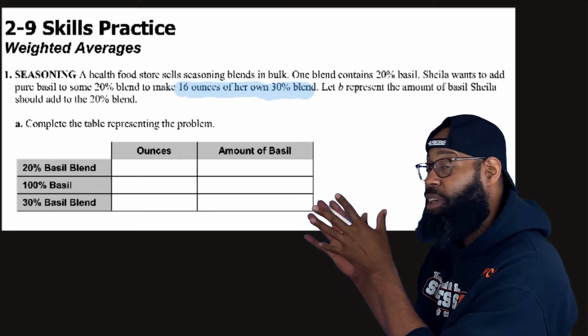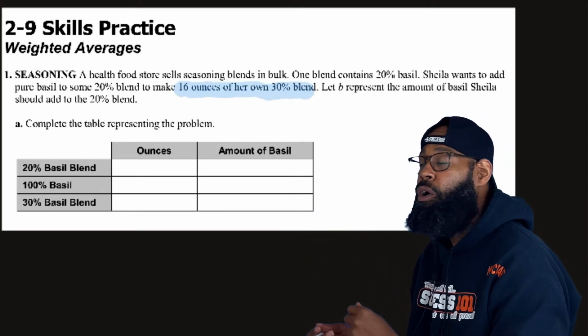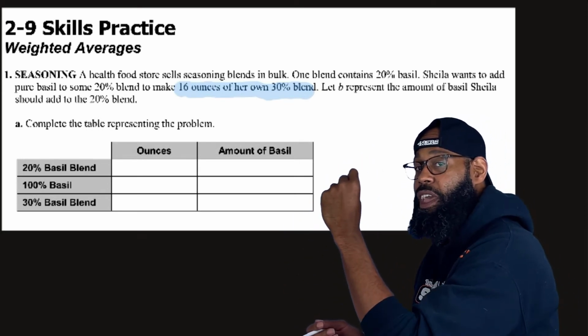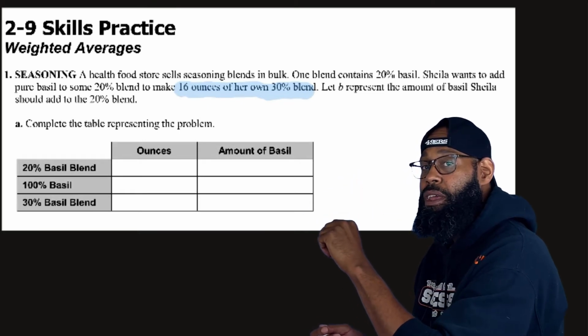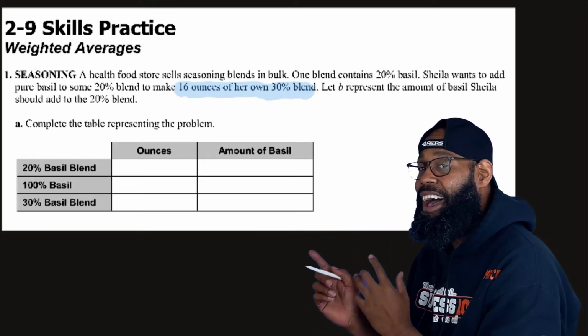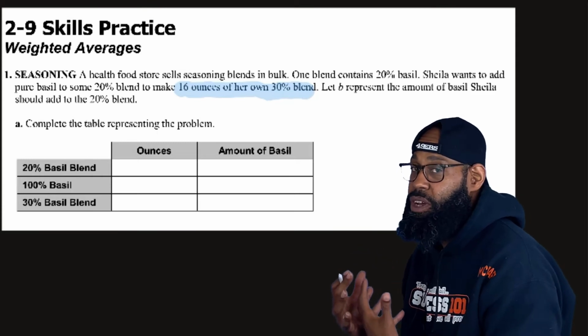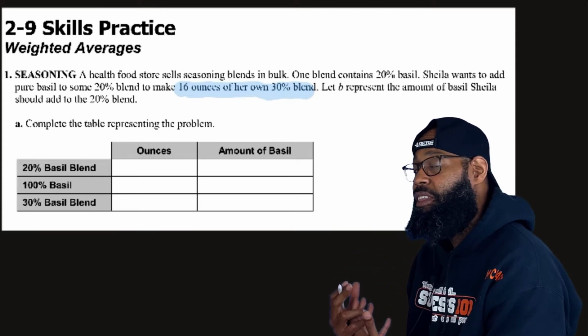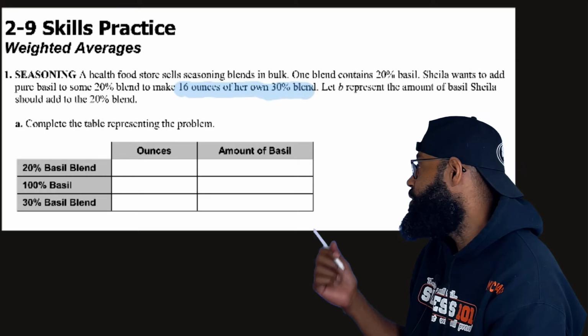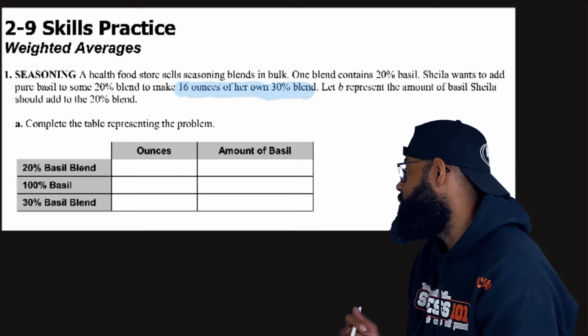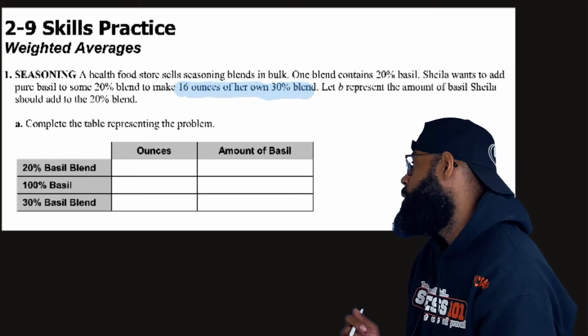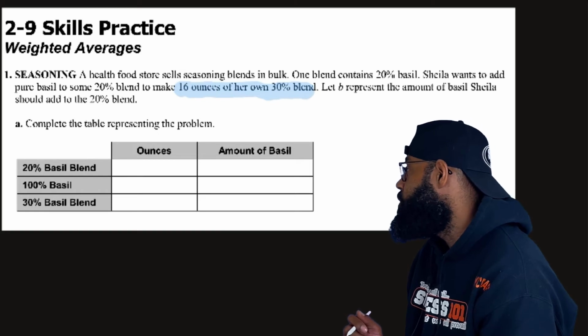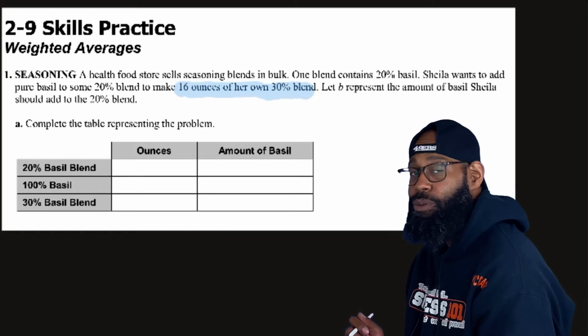So literally that table kind of works if in your brain you're going, the first plus the second gives her that 30% blend. But what did I highlight? I highlighted what the question was, what the information is that is going to drive us to getting that answer. And that's where it says 16 ounces of her own. So ounces and amount of basil. That's what we're filling in.